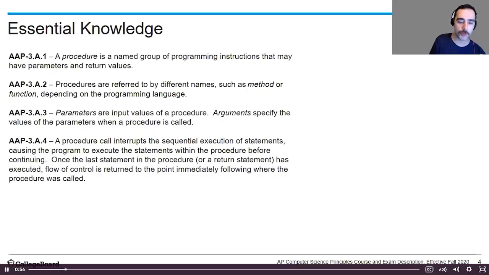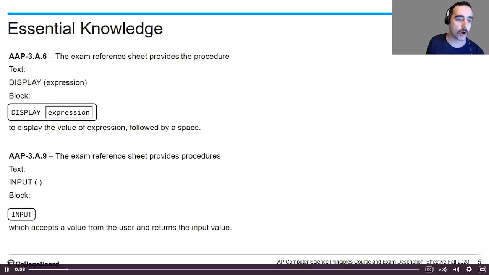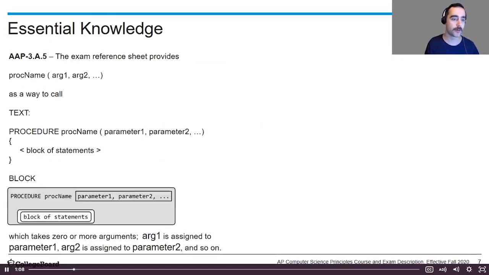But when we call a procedure, that call is going to depend on whether or not the procedure returns some data, some kind of value. If that procedure does not return data, if it just gives you a block of statements that you work through, then you call that procedure by referring to the procedure name and the arguments, and that's it.